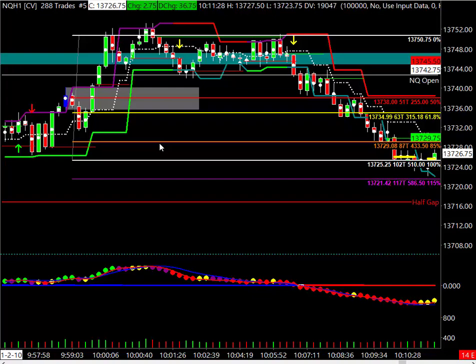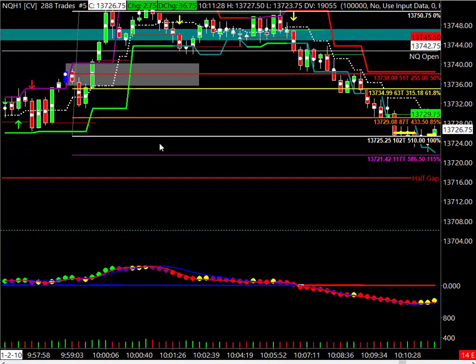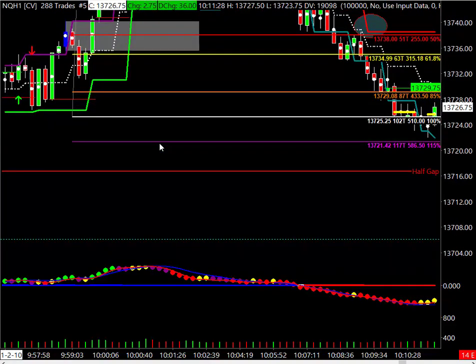We test our mean. We push on through our red. We try to make one final attempt at our red volume guy and our swing points resistance line. Boom! The selling again pushes it on down to the 32s.